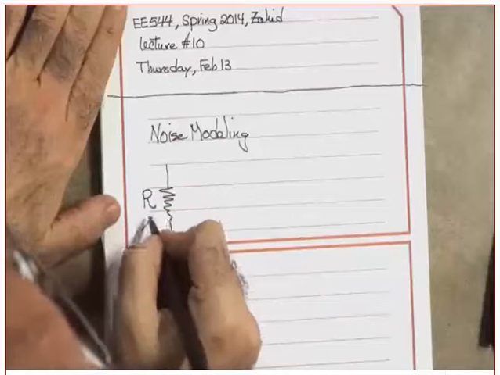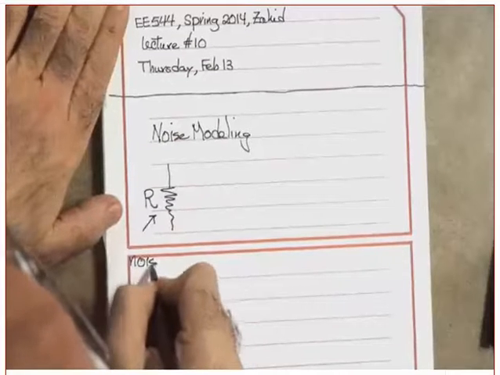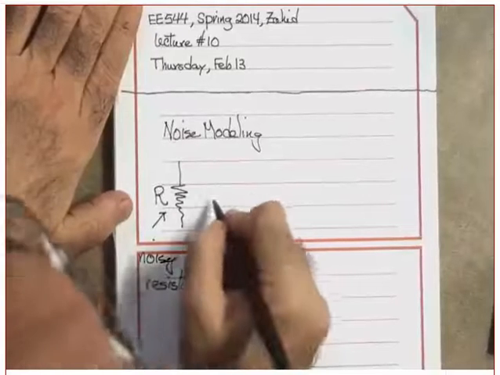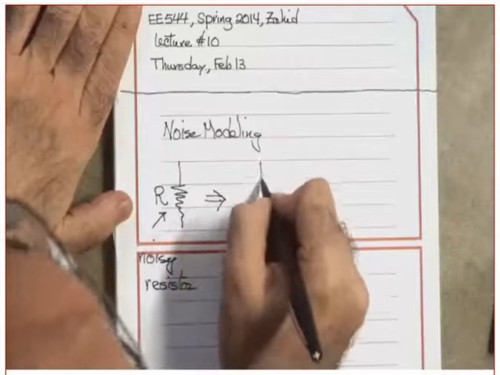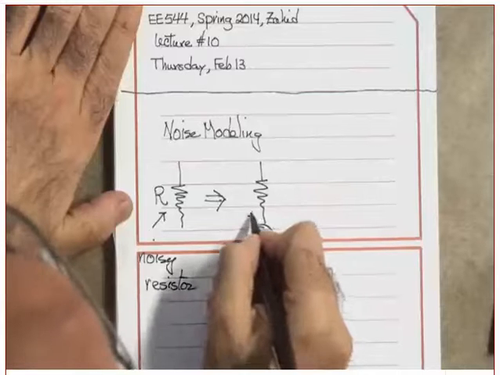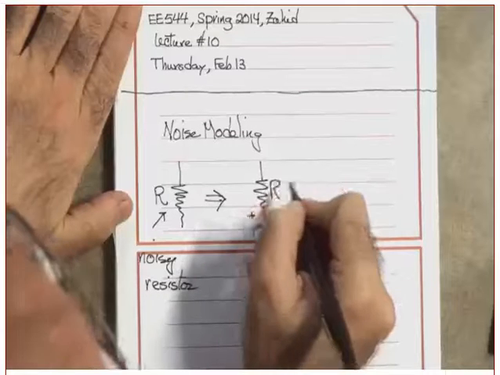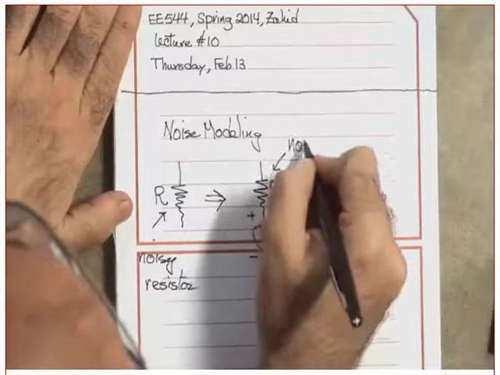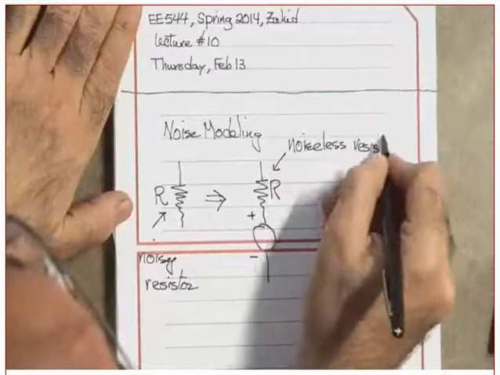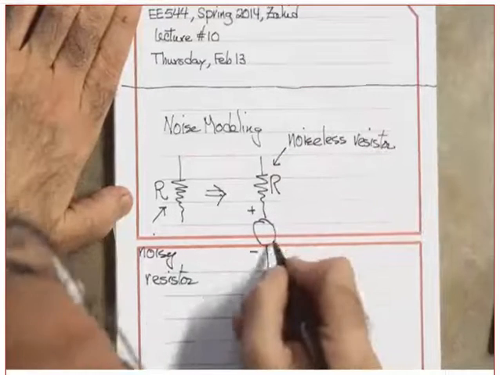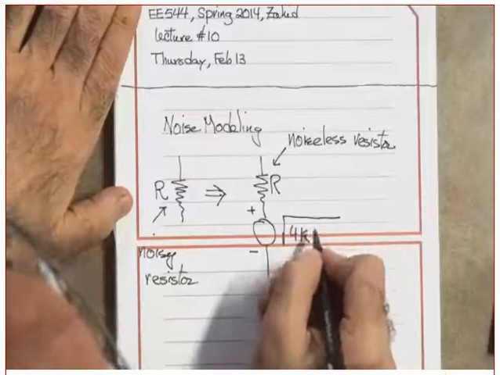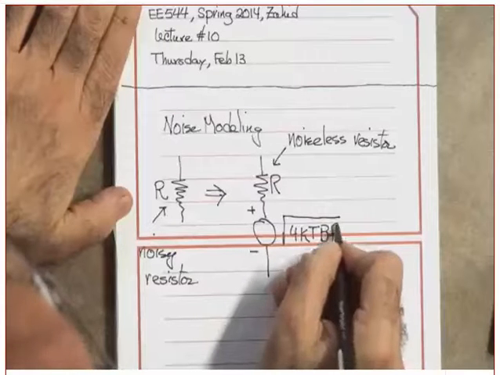This is R, and this is a noisy resistor. This one can be equivalent to a series combination: this is R, the noiseless resistor, and this one is the square root of 4KTBR.